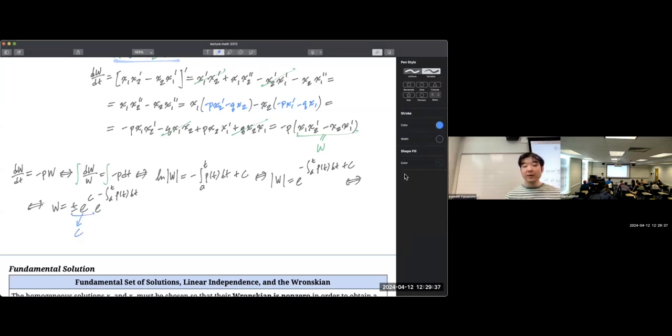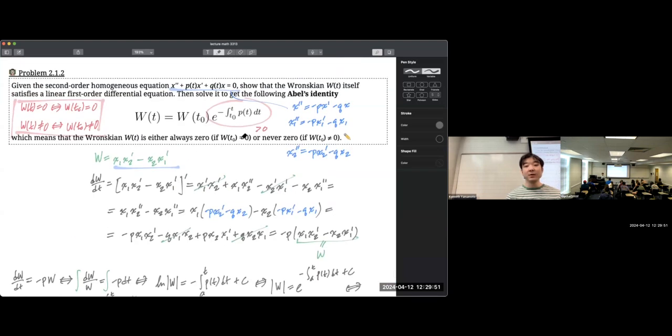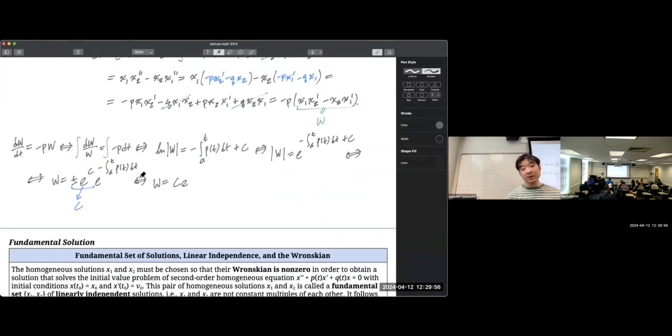And so we're left with the Wronskian is equal to c times e to the, what do we always usually use for a? We always use the initial t for a, right? Whenever we had this definite integral. So we'll put t naught into that. So I'll just say this is the same as e to the integral from t naught to t of p of t dt.